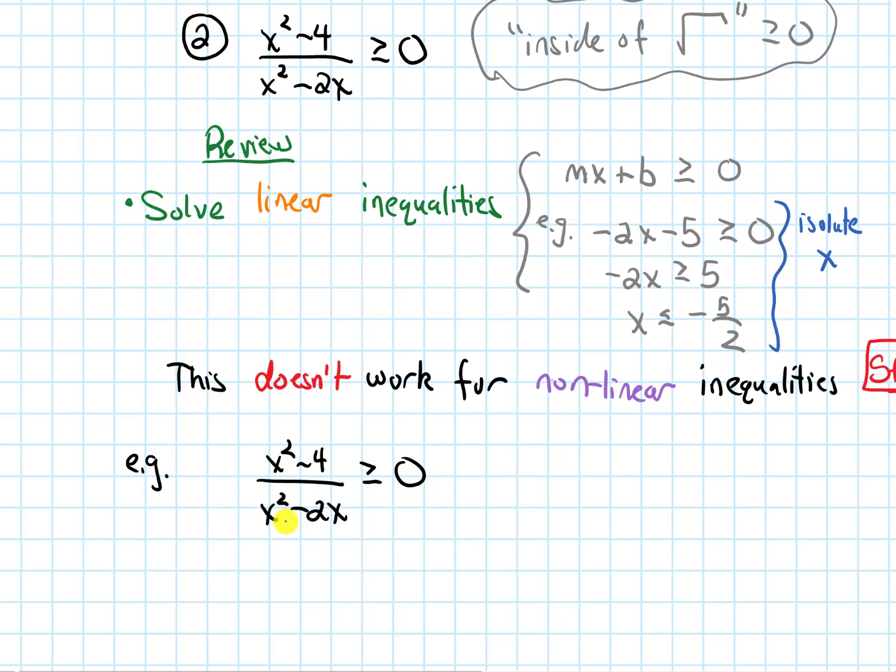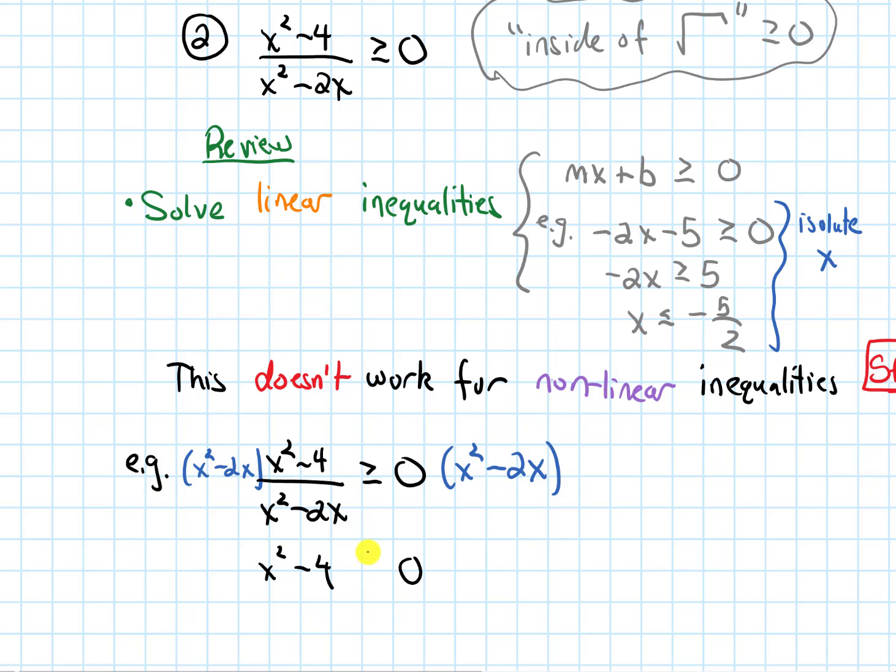So let's say we were going to try to isolate, and maybe seeing this fraction, we think, let's multiply both sides by the denominator, x squared minus 2x, because that's a really common thing that we do with equations. And if we do that on the left-hand side, we're left with x squared minus 4. On the right-hand side, we'll be left with 0. 0 times anything is 0.